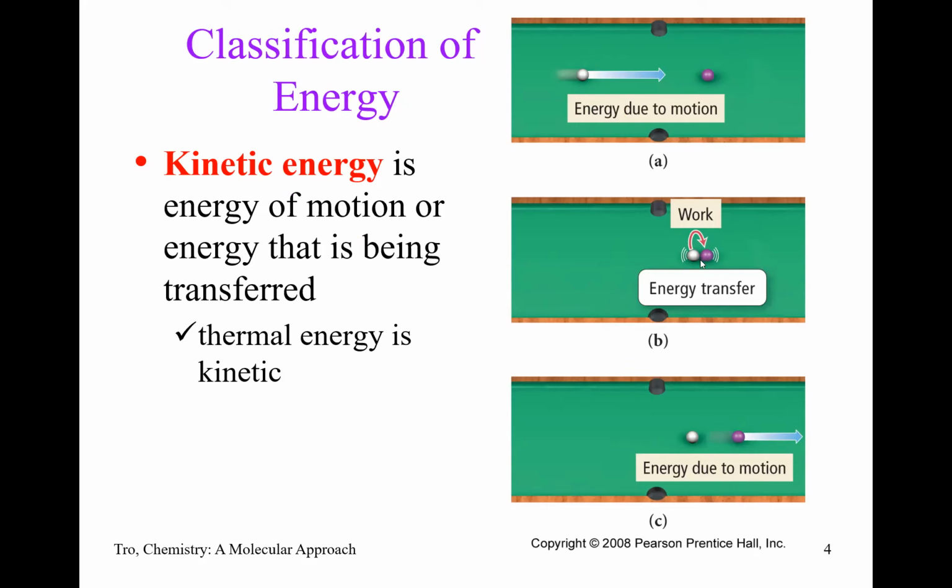There's a collision, and the energy from the white cue ball goes on to the other ball. The energy is in motion and it gets transferred. So another way of thinking about this is when you rub your hands together, and if you're cold it warms up your hands. That kinetic energy then gets converted to thermal energy, the friction of your hands rubbing together.